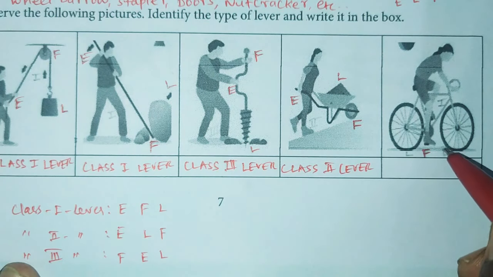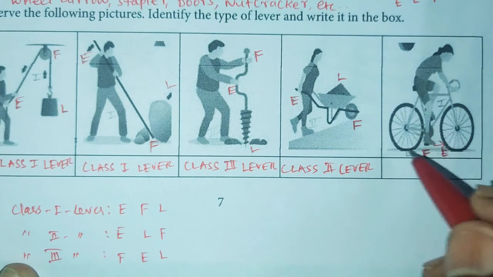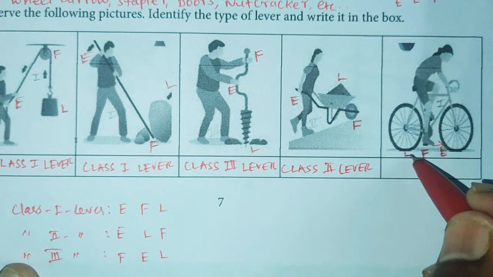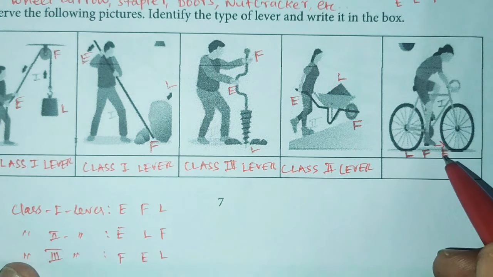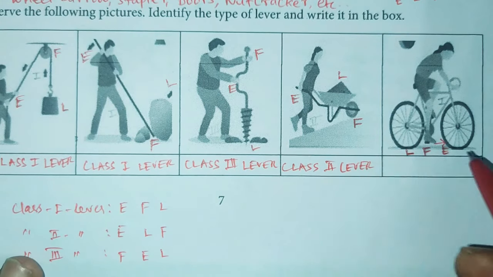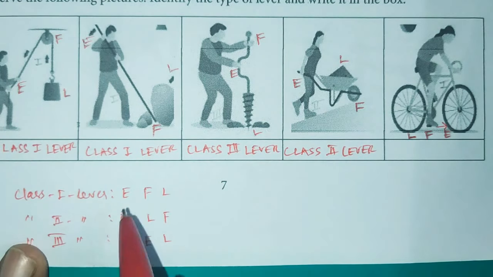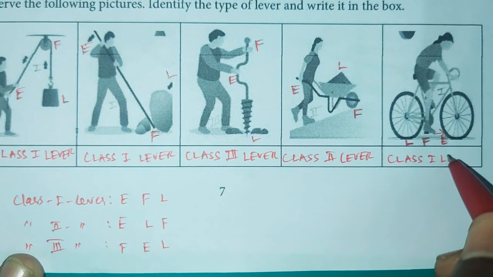This is effort, that means pedaling the bicycle forward. The back wheel will move first, so there will be a load first. So LFE, or EFL, fulcrum is in between the load and effort, so that is class 1 lever.